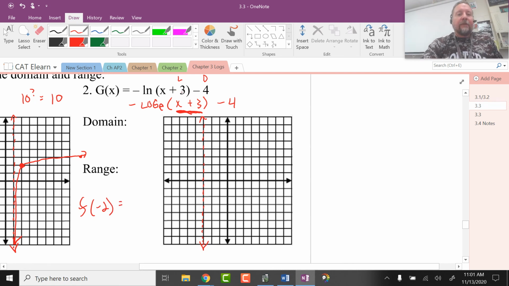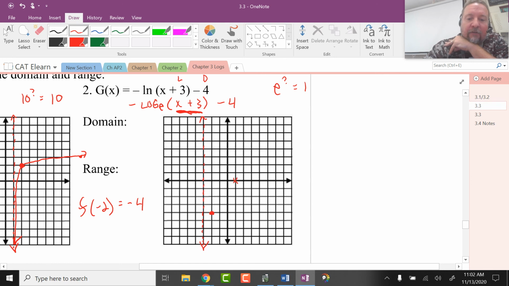What's -2 plus 3? What's ln of 1? Or e to what power equals 1? 0 minus 4 is what? That's how you do f of -2. So -2 comma -4 is where the 1 comma 0 point goes.